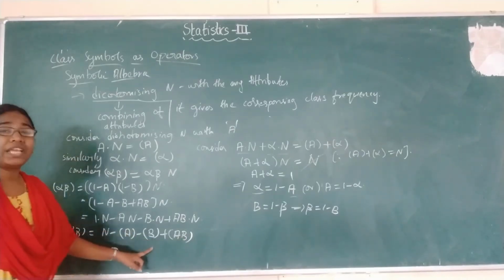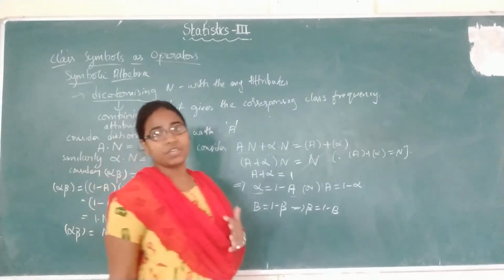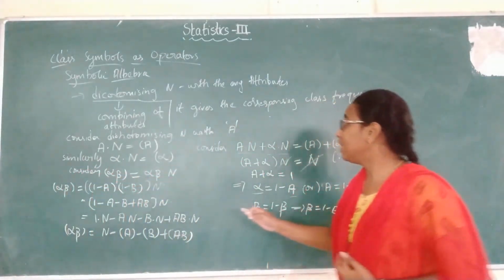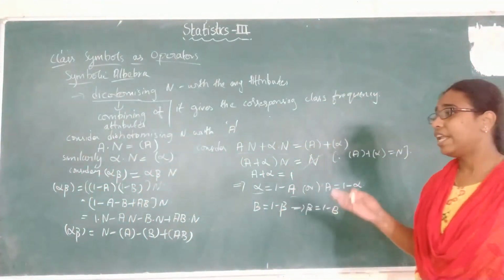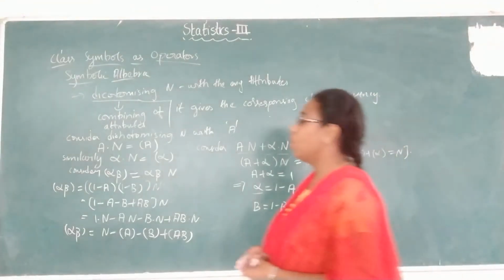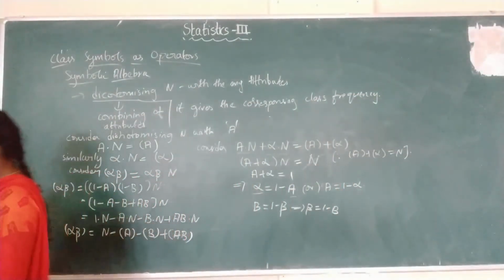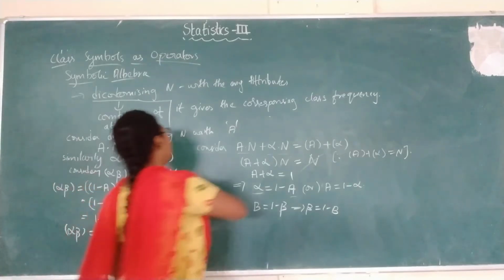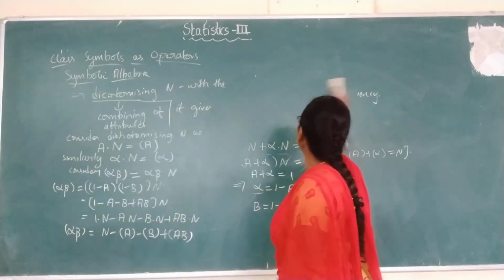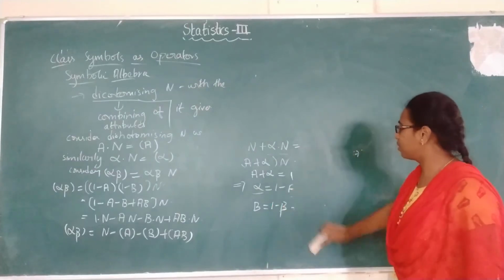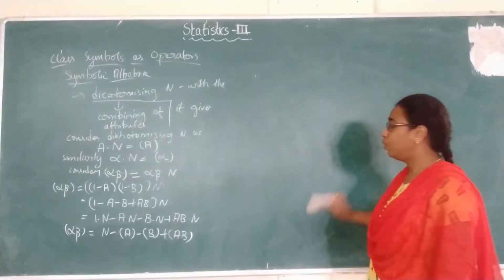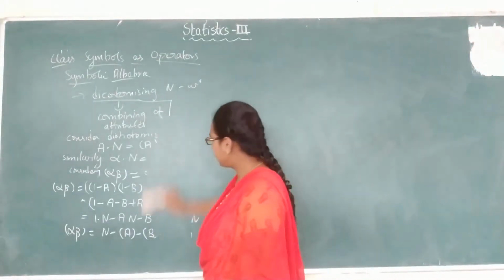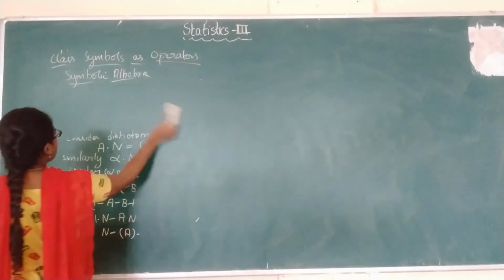Here A, B and AB are all positive classes. In this way you can express the negative classes in terms of positive classes. Now I have shown this for two attributes of order 2. Now we'll see for order 3 how we can dichotomize with N to get the positive classes, that is, how to express the negative classes in terms of the positive classes.